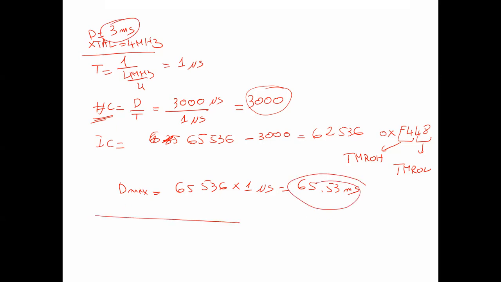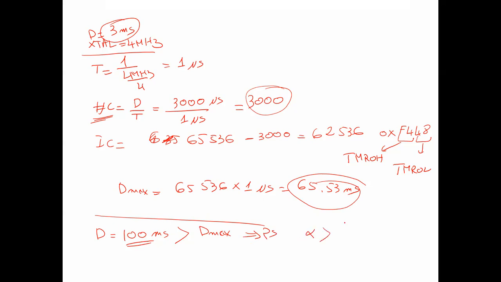Now, if you want our delay to equal 100 milliseconds, you can see that 100 milliseconds is greater than the delay max. So here we need a prescaler, so we have to find alpha.